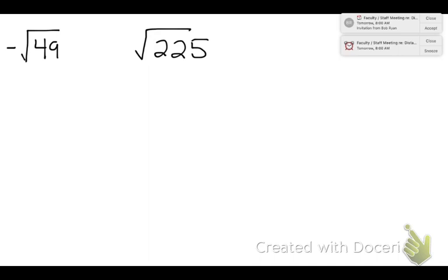Then try the square root of 64. And when you're done with that, go ahead and try the negative square root of 121. Go ahead and hit pause and try them yourself.